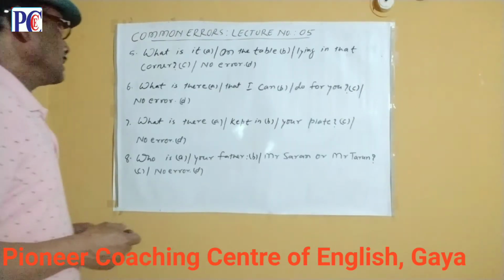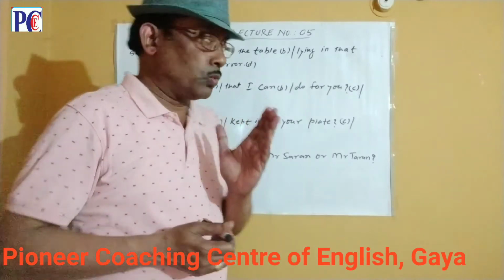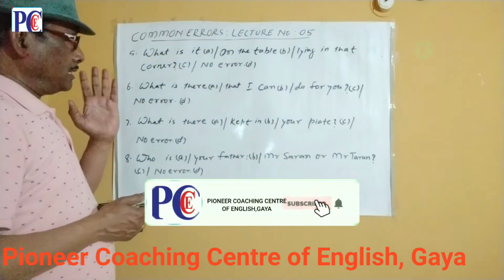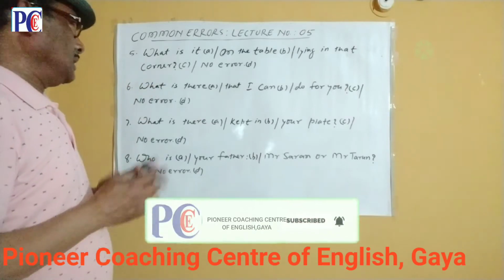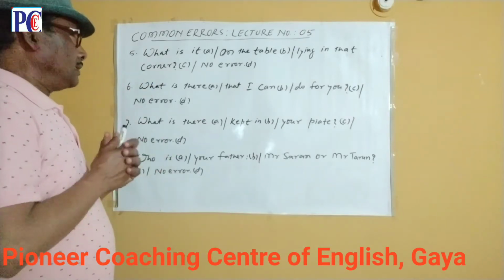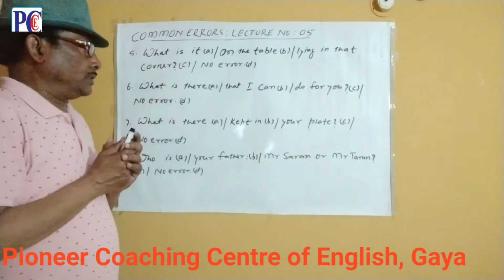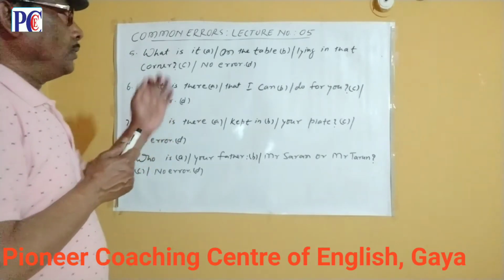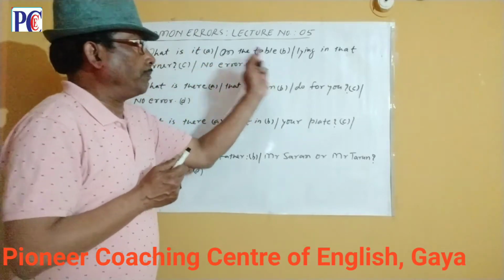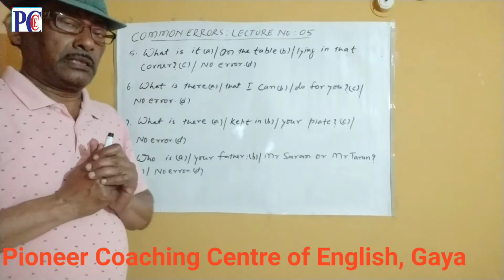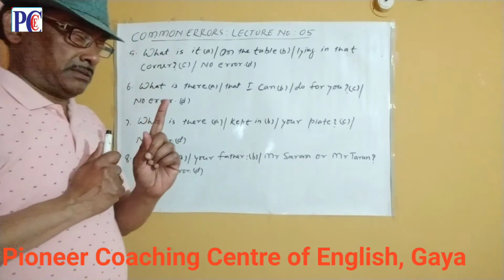Now come to sentence number 5. What is it on the table lying in that corner? Remember, when the question is of what, without a subject word, followed by an adverb of place, on the table, the dummy pronoun is there, not it.